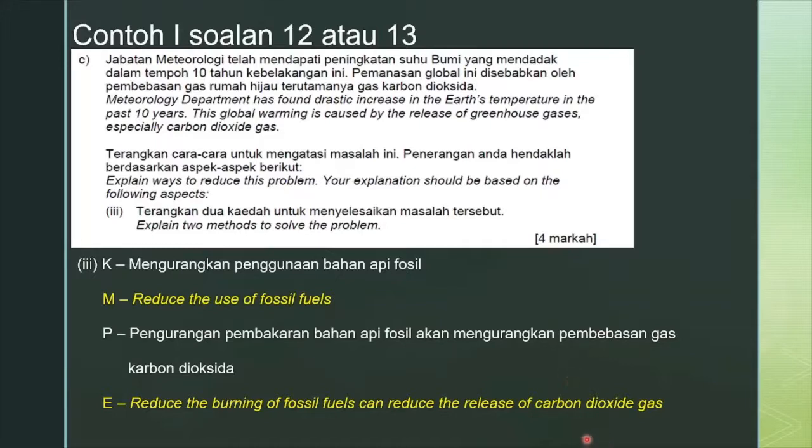So, the second mark will be given to the explanation to the method that we have chose. Right? The explanation is reduce the burning of fossil fuels can reduce the release of carbon dioxide gas. So that is the explanation to the method that we use.